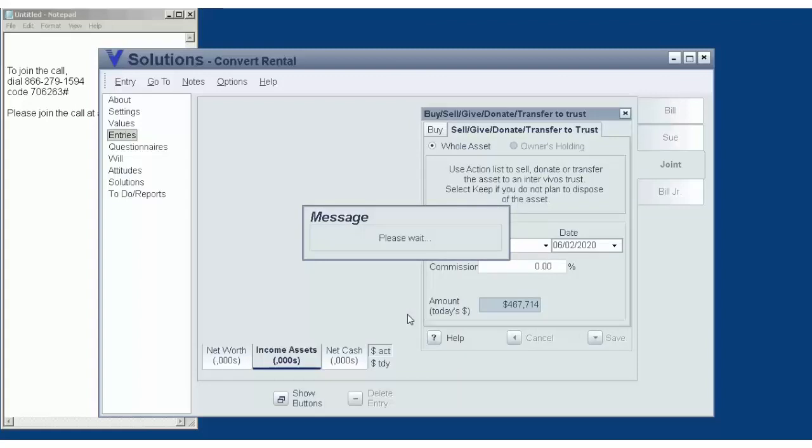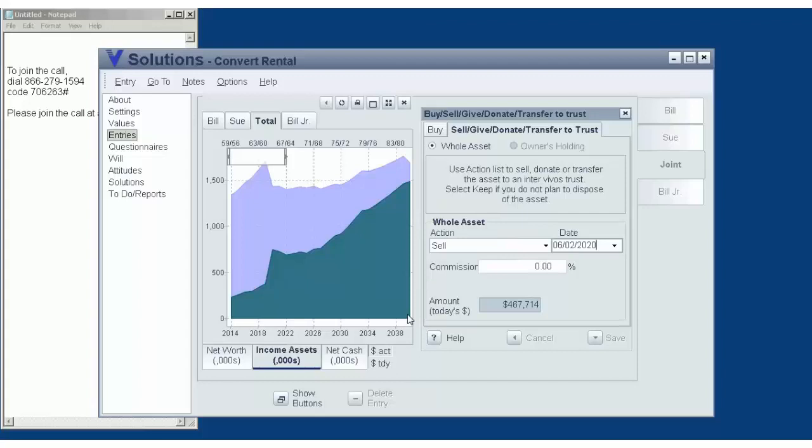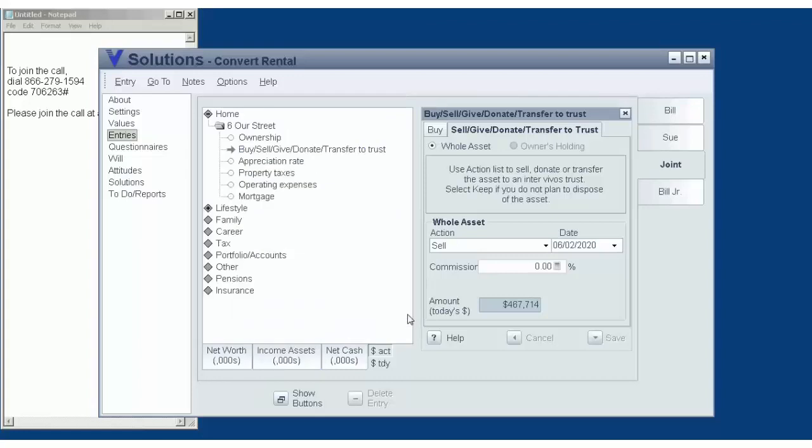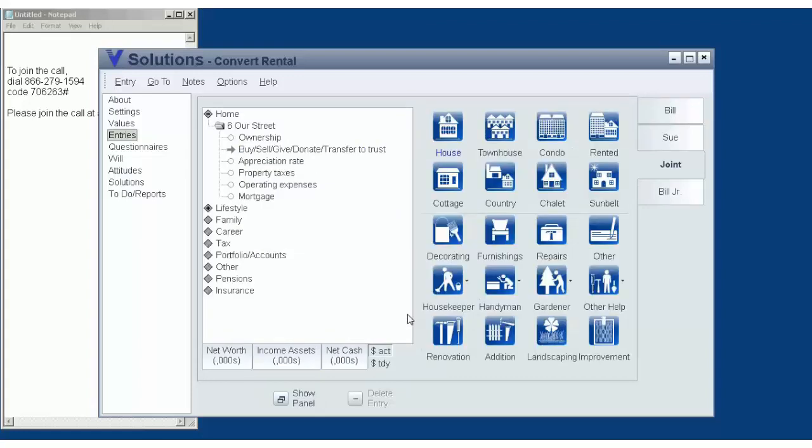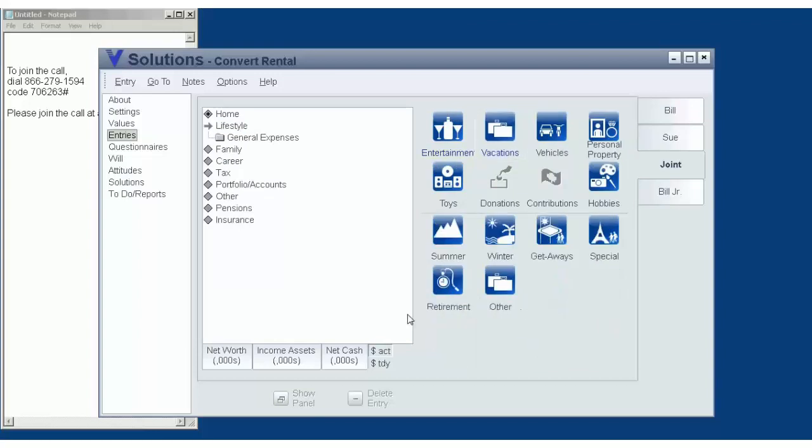Now, after we've sold this, there's one other thing that we want to do now that we see this large pot of capital that we can use during our retirement years. What Bill and Sue want to do is they want to spend it. And so I'm going to just create for them a vacations entry, and I'll just use the standard winter vacations entry.